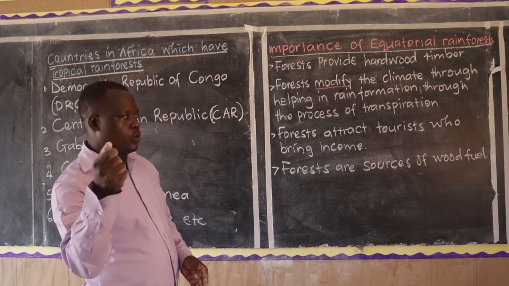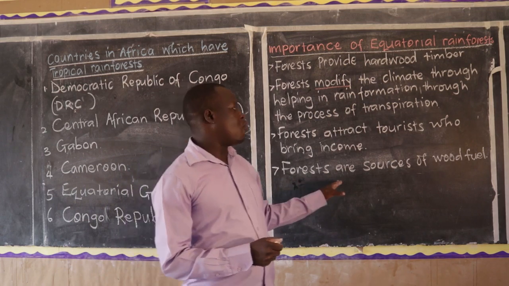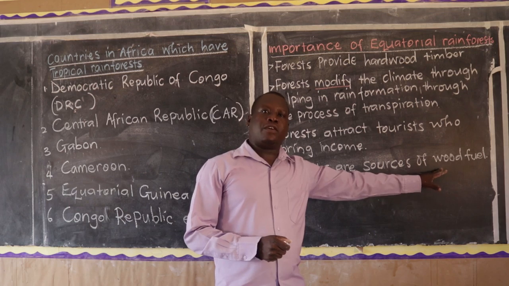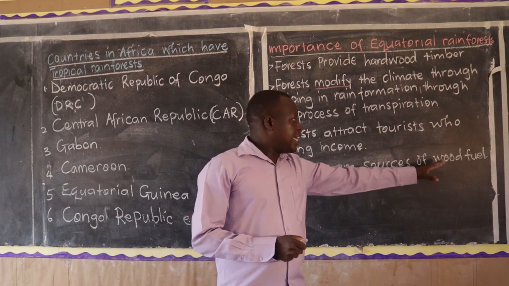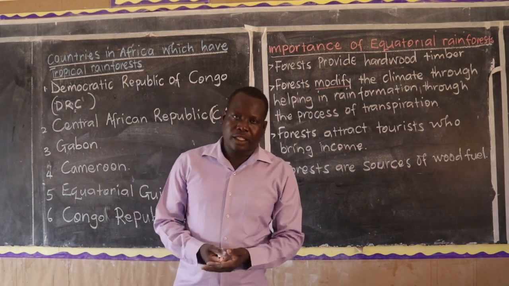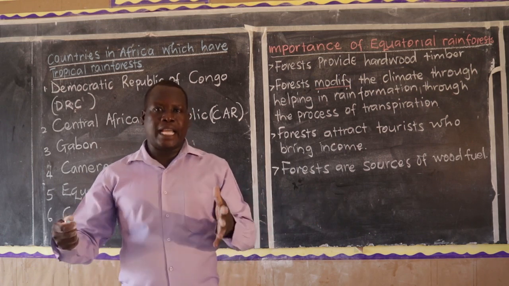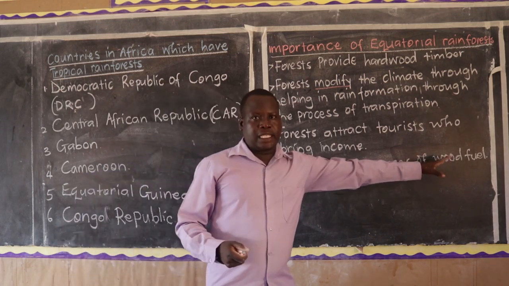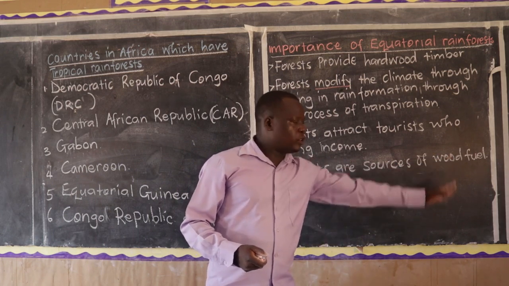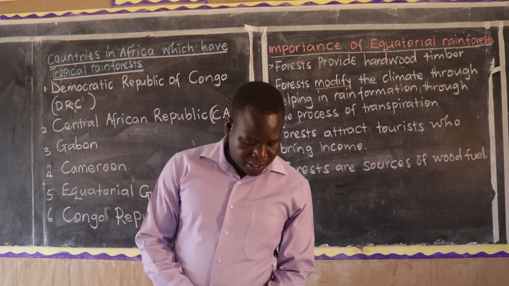However, it is not good for people to go and clear forests because they want charcoal. That will lead to deforestation. But as they cut out lumber, the remains of those stems and branches are what people can use to get this wood fuel. They can chop it into firewood or make charcoal from it.